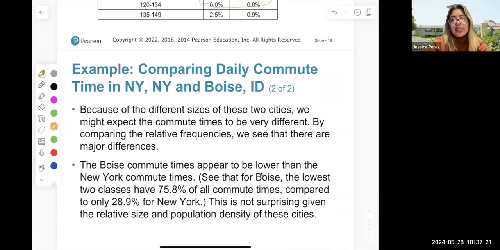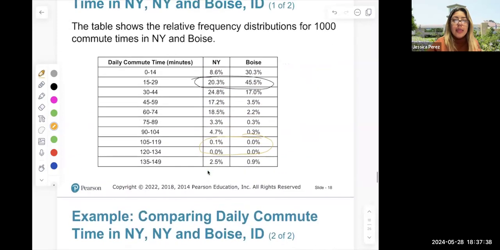Because of the different sizes of the two cities, we might expect the commute times to be very different. By comparing the relative frequencies, we see that there are major differences, and that's what we want to look at. The Boise commutes appear to be lower than the New York times. Again, look at your averages, what we have on this side, what we have on this side.